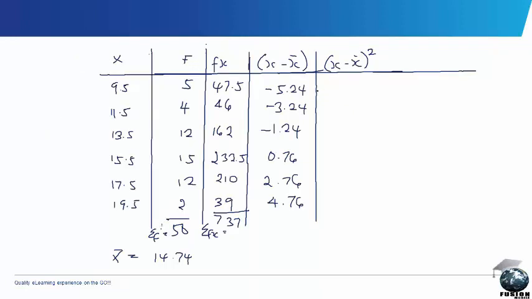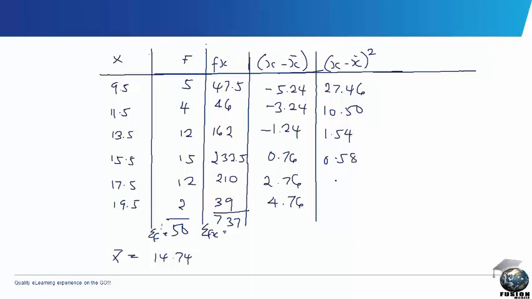Minus 5.24 times minus 5.24 is 5.24 squared, which gives 27.46. Then we square 3.24, and we have 10.50. Then we square 1.24, which gives 1.54. Then we square 0.76, and we have 0.58.